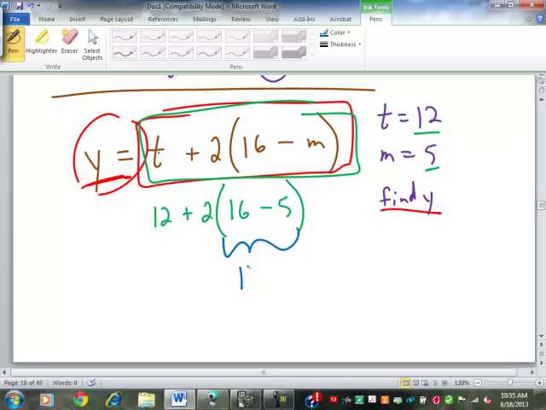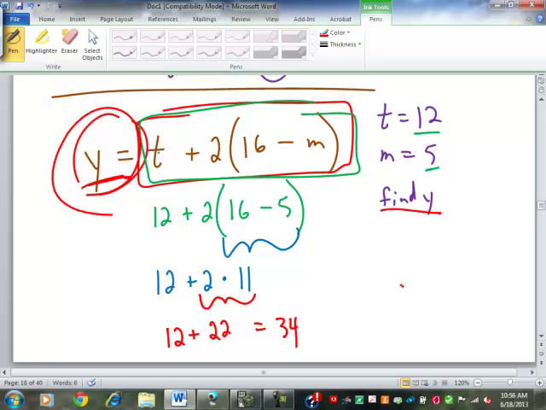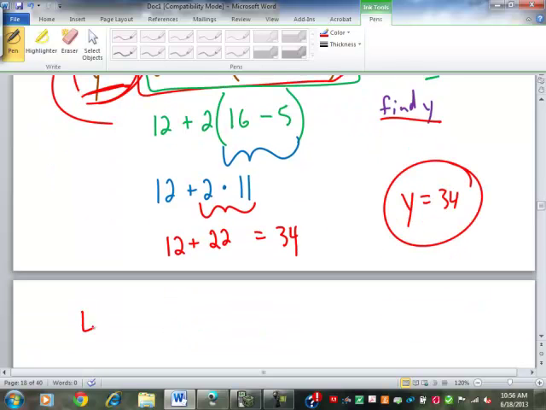That's going to be 11. We don't need the parentheses anymore. We remember to put in the multiplication between the 2 and the 11. 2 times 11 is 22. 12 plus the 22 is 34. So what this is all telling us is that y equals 34. That's what we call evaluating an expression.